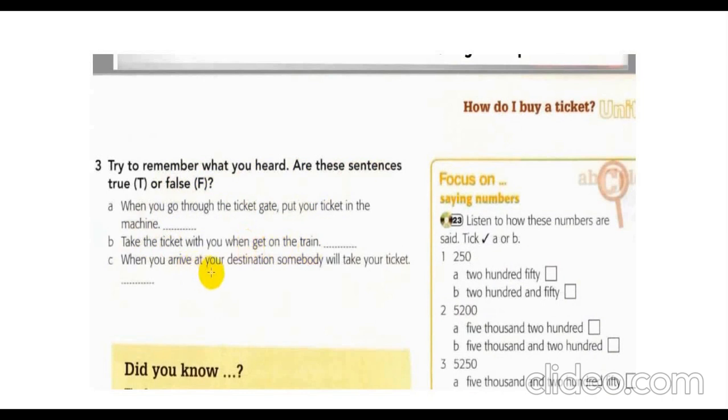When you arrive at your destination, somebody will take your ticket. Again, this exercise is for training your mind, training your understanding, training your ability to focus on specific information.